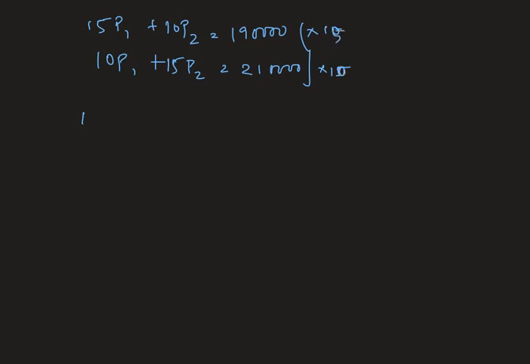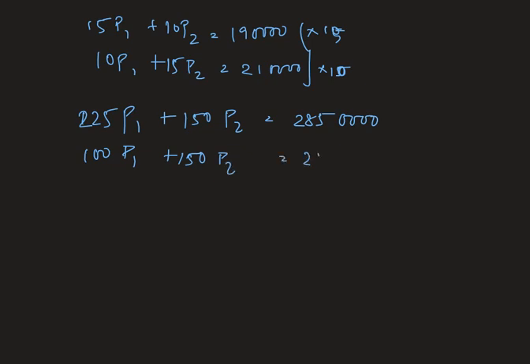Therefore we get 225P1 plus 150P2 equal to 2,850,000, and 100P1 plus 150P2 is equal to 2,100,000.